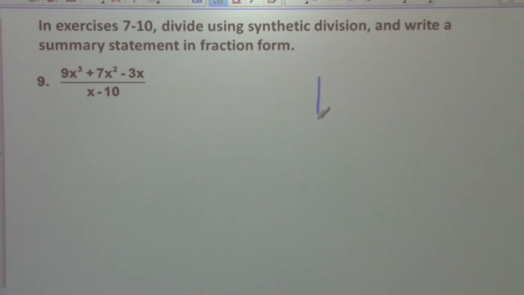Okay, Carmen is motioning to do this here. Put the 10 on the outside, and put 9, and 7, then -2.